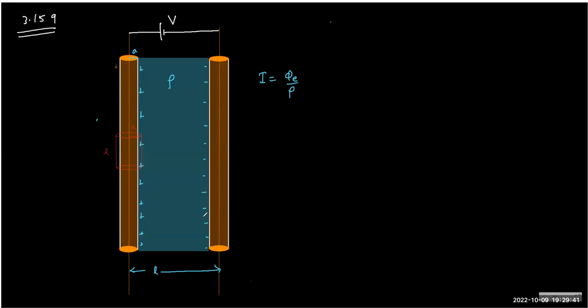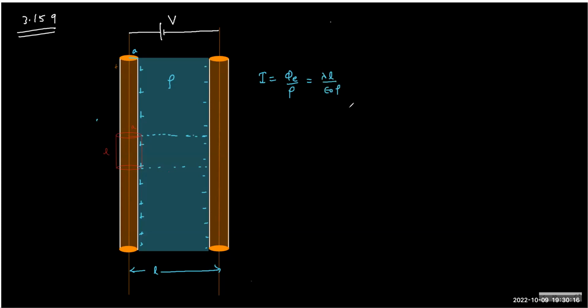First we'll find the resistance per unit length. So let's find the resistance of only this part. What is the current of this part, guys? Flux. And how to add flux? Tell me. Charge within, Q by epsilon. So what is Q? You can write it in terms of lambda, no? Yes, lambda into L, upon epsilon.